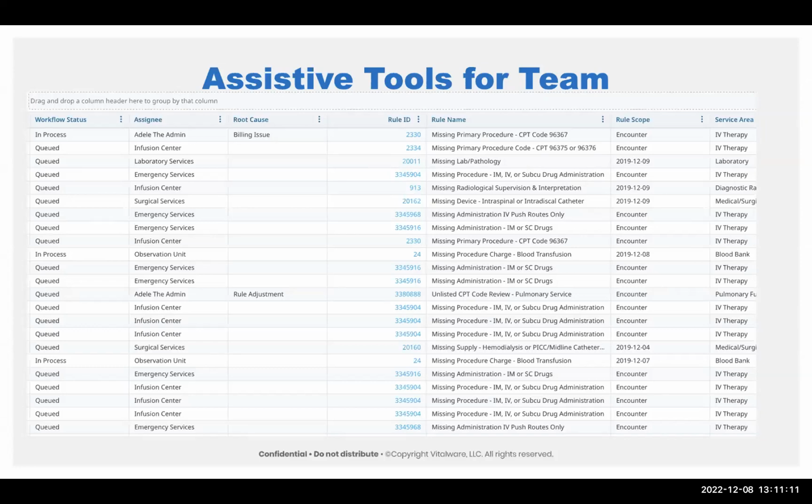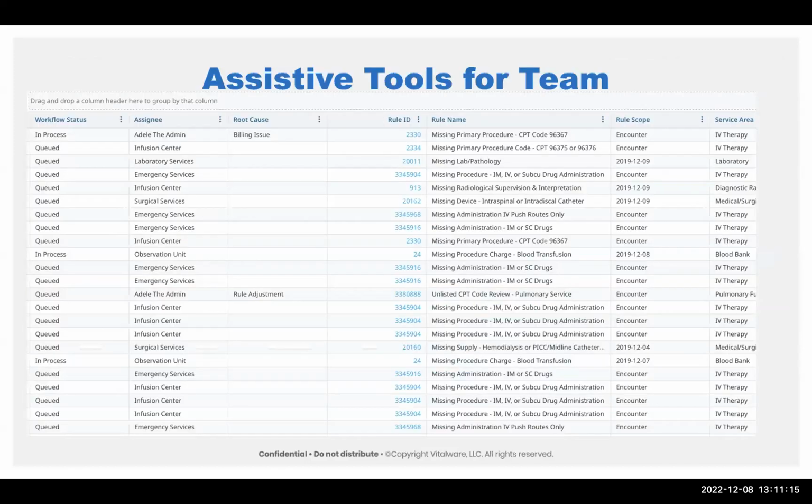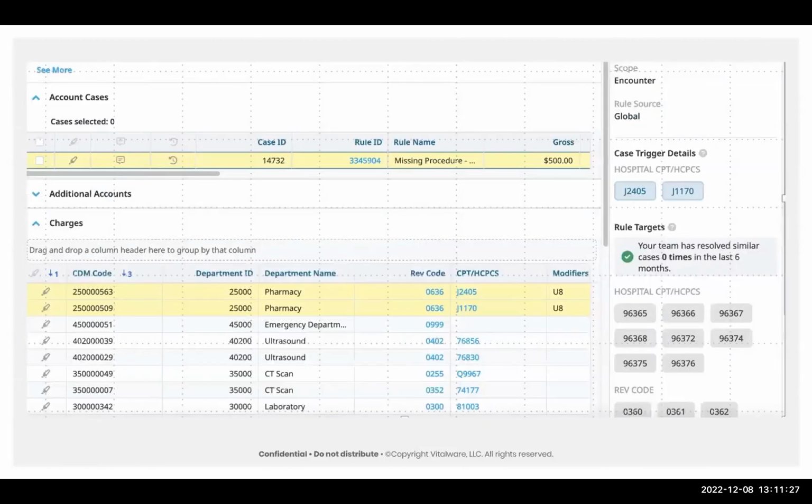So when you look at this, there's no way a human being can look through the thousands of charges and compare them to 1 million different rule sets, variables to catch these things. If I go into one of those, as you saw before, it might be like I have a missing procedure. And the reason I know that is I have these drugs on the claim, but I don't have any injection. I don't have any administration.